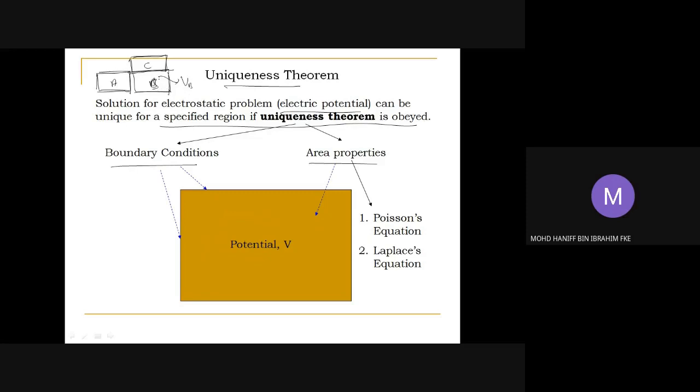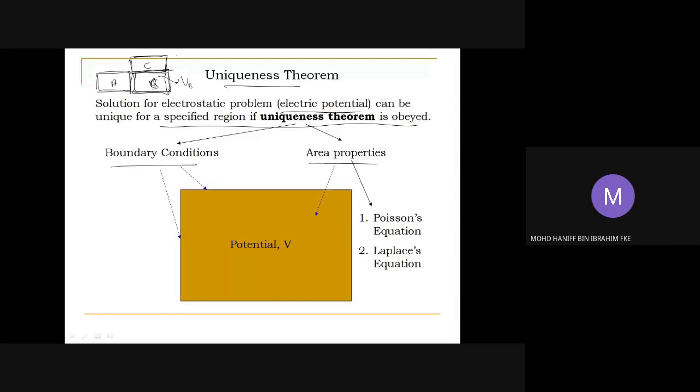It's unique only to this particular region B, if it has its own area properties and its own boundary. So V_B is just bounded within the boundary of region B.